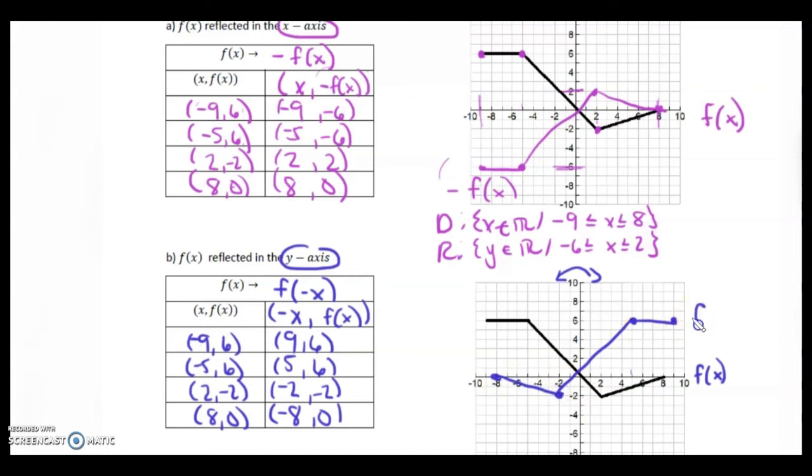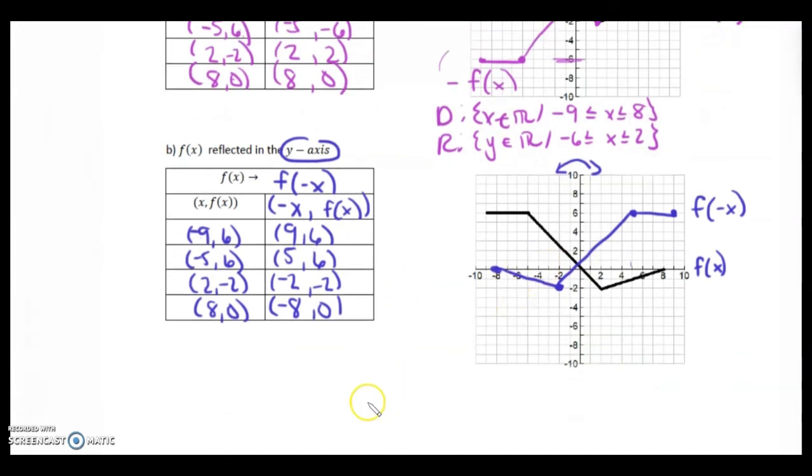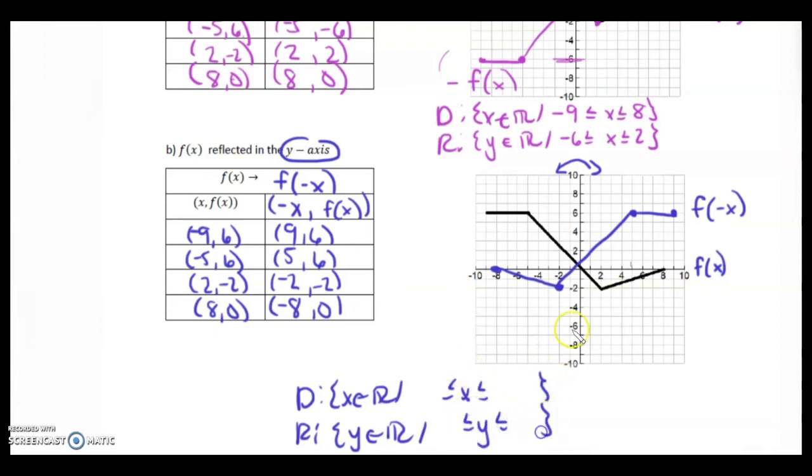This here is the reflection in the y-axis. Now I'm going to set up our domain and range, x is an element of the reals, y is an element of the reals. x is going to be between -8 and 9, and y is going to be between -2 and 6.